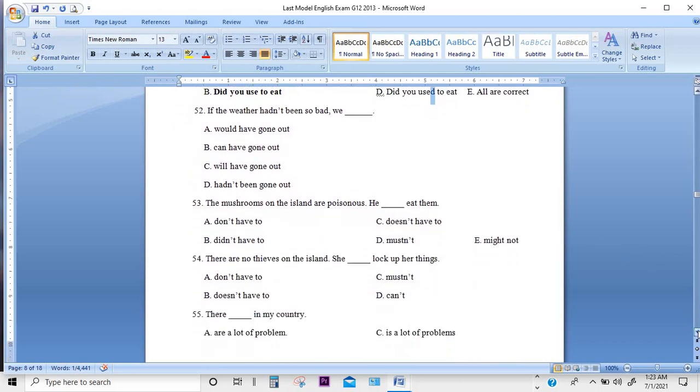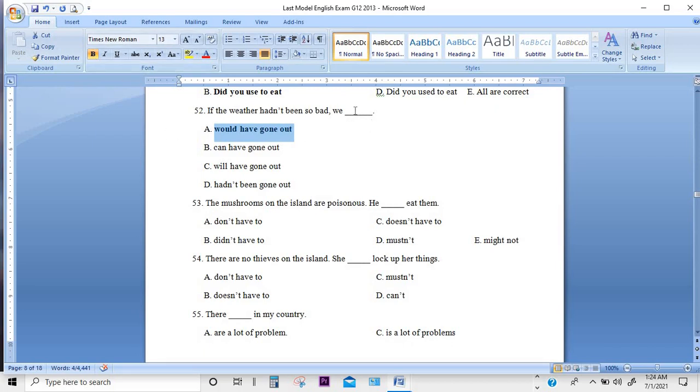Good. Question number 52. If the weather hadn't been so bad, we dash. This is a conditional clause, as you can see. In what tense is the if clause constructed? In past perfect. So this is the third condition, an impossible one, an action that cannot be reversed. For the impossible condition, in the main clause I use the perfect conditional: would have plus V3. So that's the structure we expect. Fortunately the first choice is our answer: would have gone, not can have gone or will have gone.